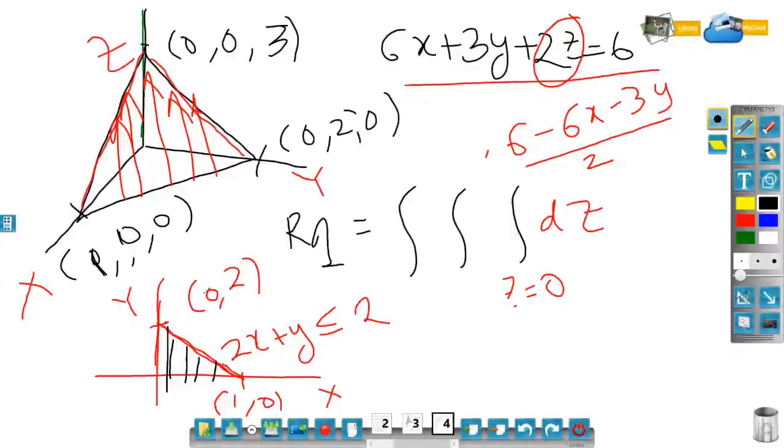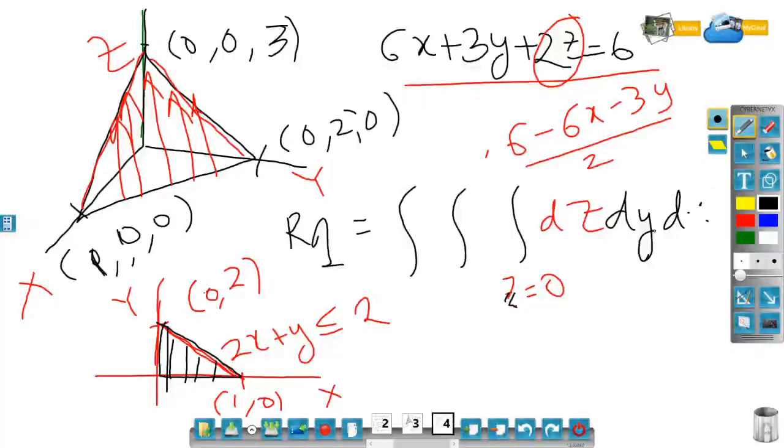So this is the bounded region, because x is equal to 0, y equal to 0. If I want to evaluate this with any one of the types, let me write type 1, dy dx.